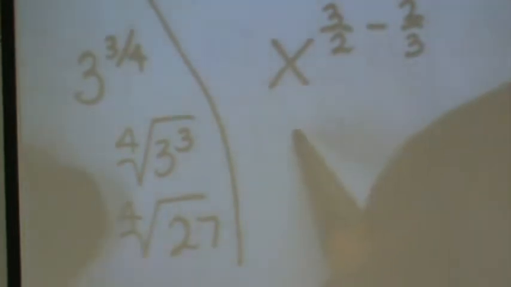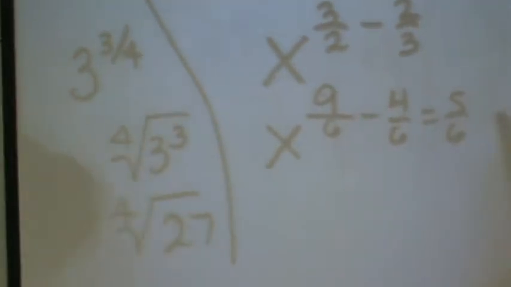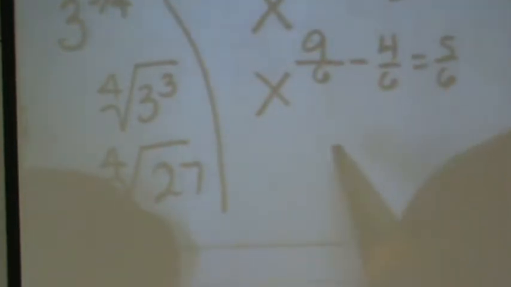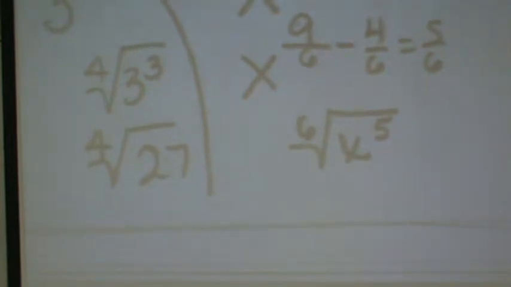We have to subtract them. 3/2 minus 2/3. What's the common denominator? 9/6 minus 4/6 is 5/6. So what's my answer? X to the 5/6. Did you get this?